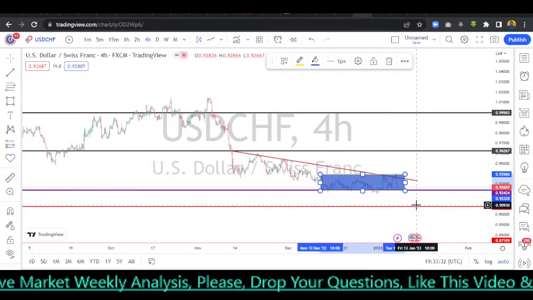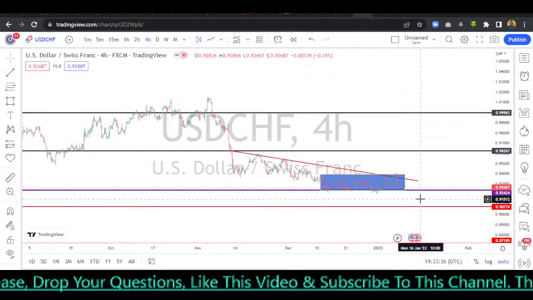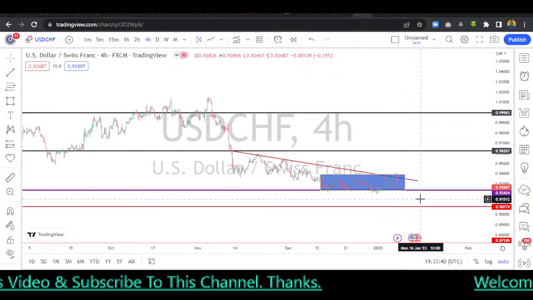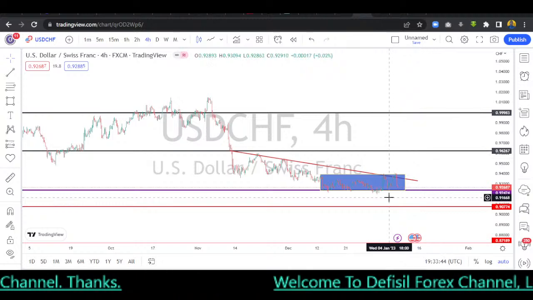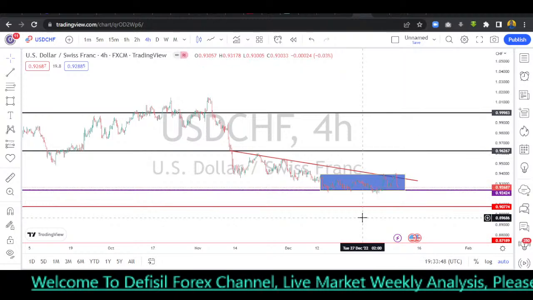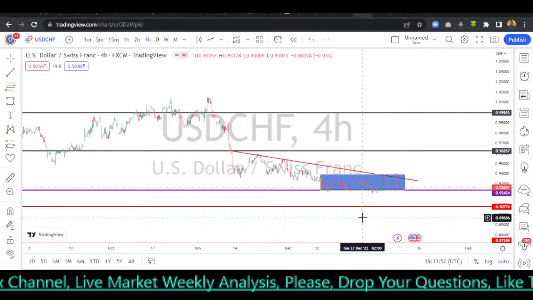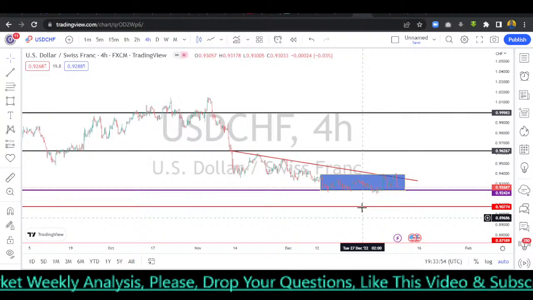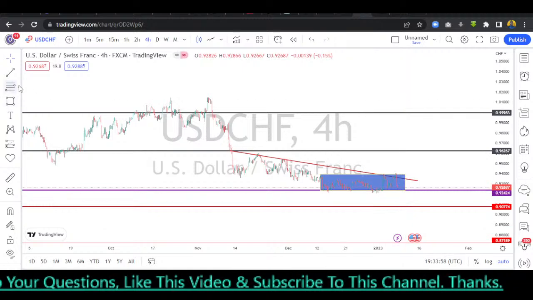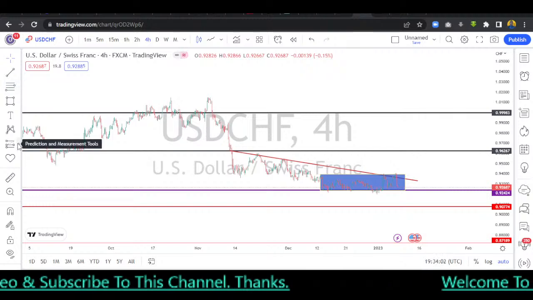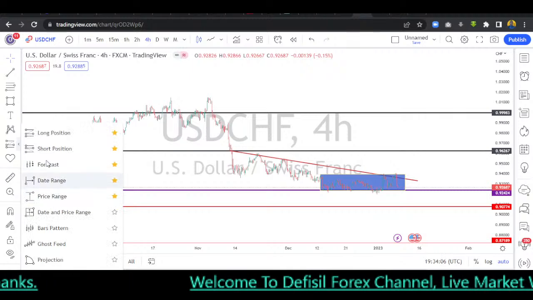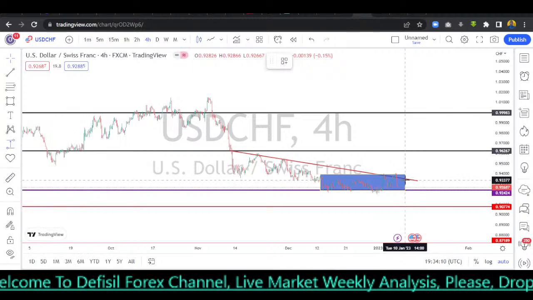For smart traders, maybe day traders, they can consider taking a very short buy and a very short sell should the market come to any of these levels, up or down. However, before we do that, let's take an overview measurement of the number of pips in between these two points.